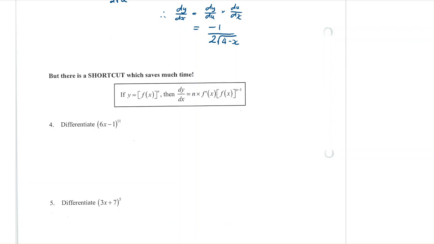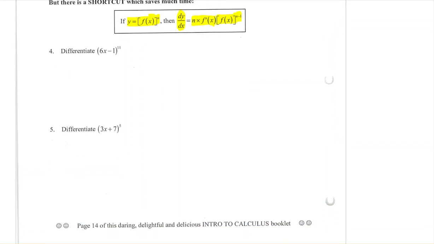If I want to differentiate y equal to some function to a power of n, to differentiate dy over dx, the n, the power, always comes down the front. You multiply by the derivative of the function, and then the function itself is multiplied with 1 subtracted from the power. Okay, so let's try that.